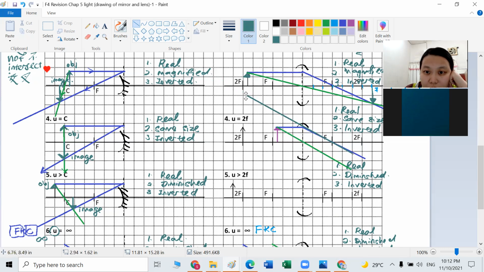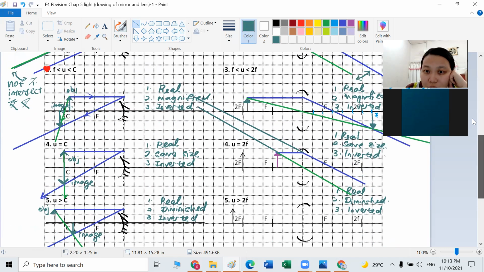It will be longer. So see, the V will be very, very long away from F. Can see that? Because the object distance is close to the lens or close to F. Close to F, it will be really enlarged a lot.